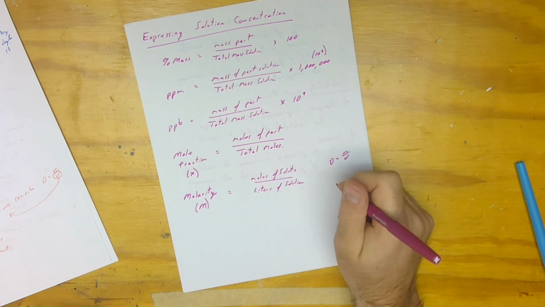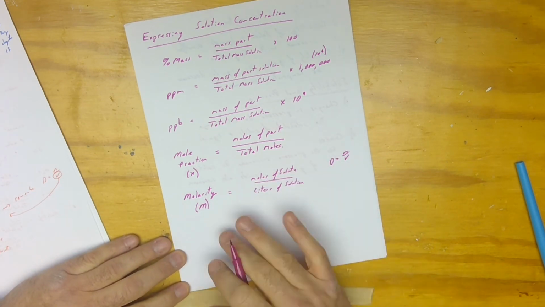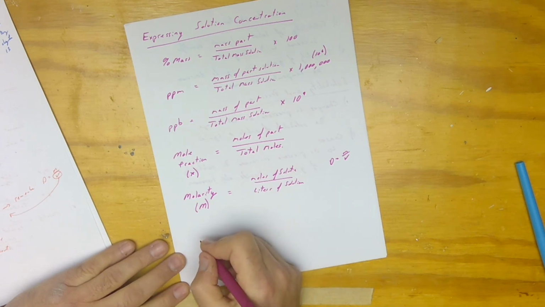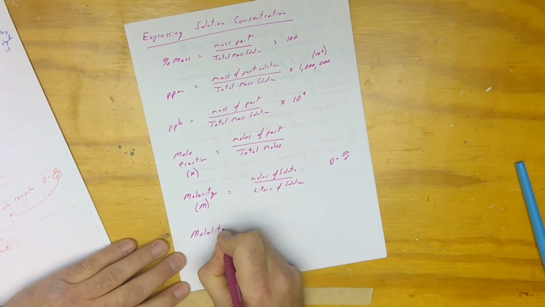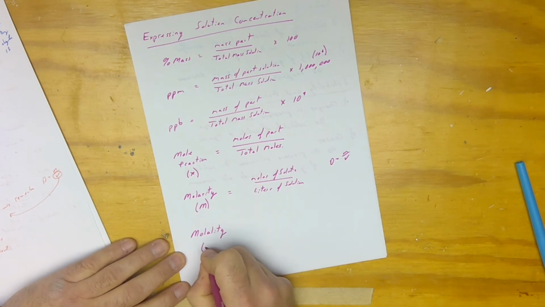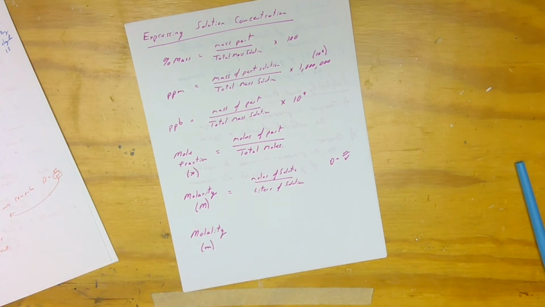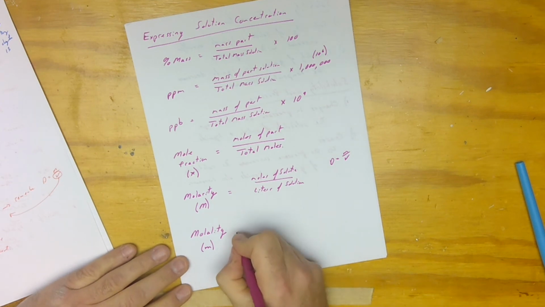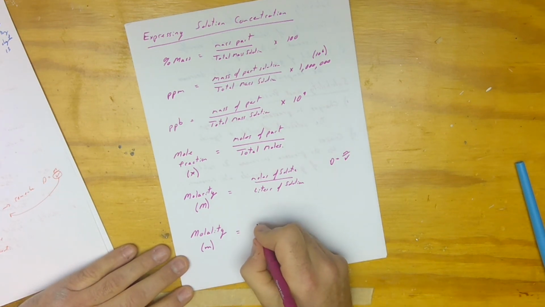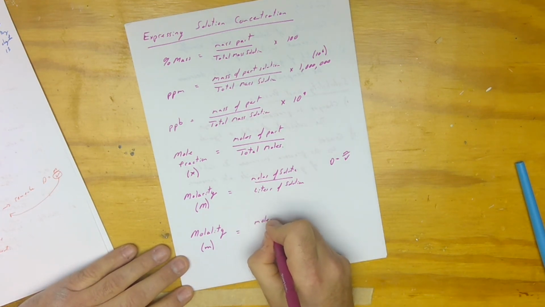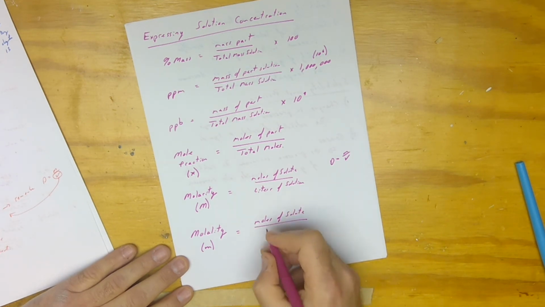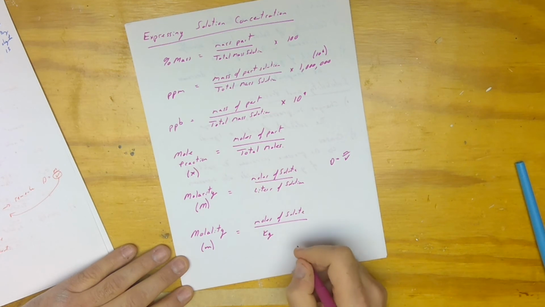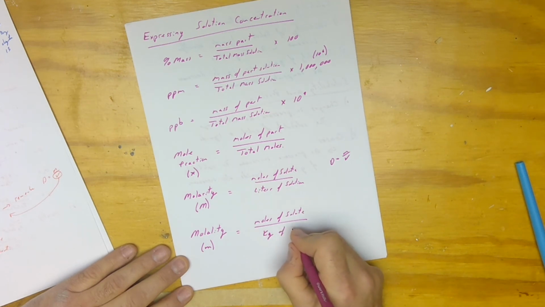There's one more that we have to deal with, and that's because of colligative properties that we're going to talk about next time, and that's called molality. And it's little m, molality. And molality is moles of solute divided by kilograms of solvent.